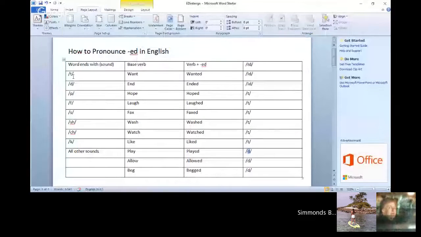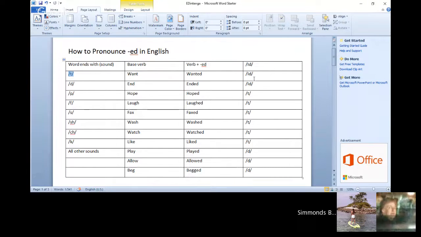Let me go ahead and in this first one, we have want, and this is wanted. Okay, so any words, and this goes for verbs and normally adjectives, okay? There are other examples as well, but for now, this is the basics, all right? So words that end with a T, we would use the id because we need to distinguish that sound.